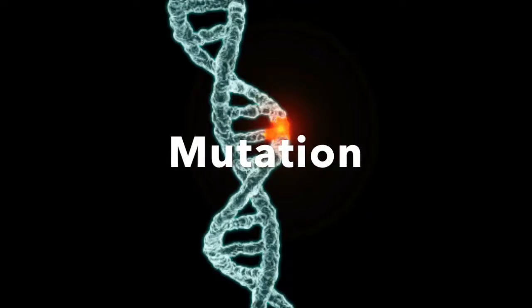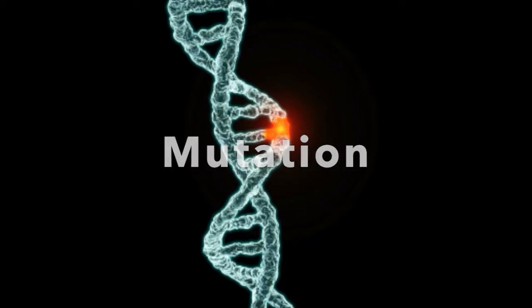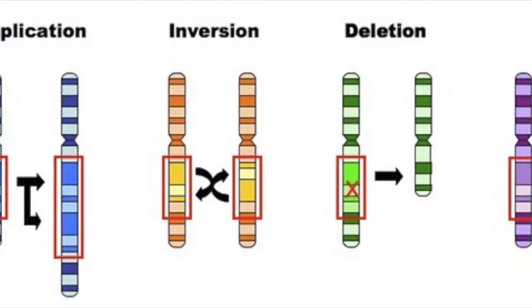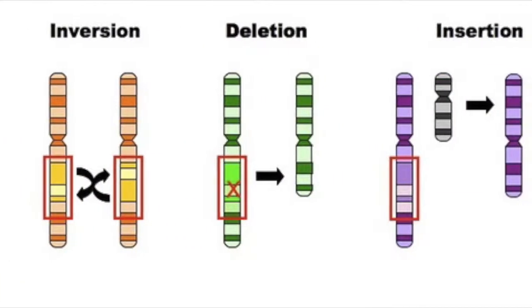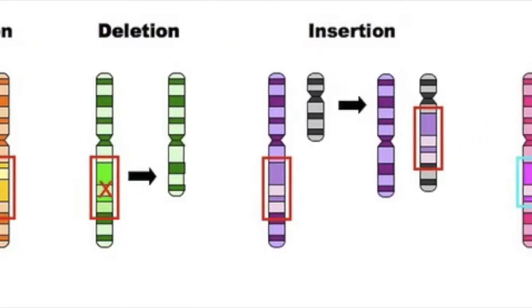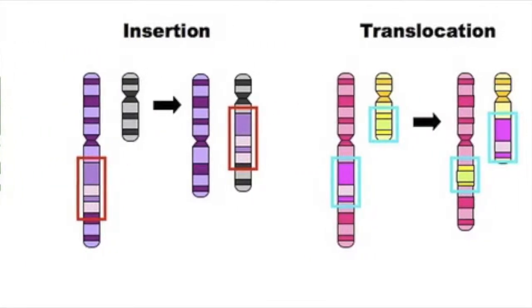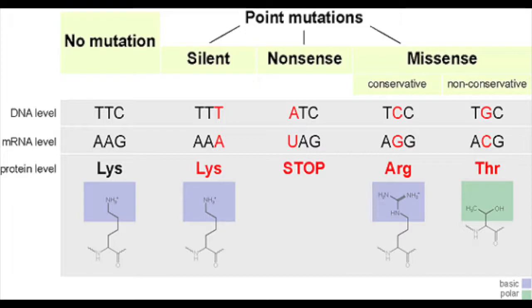In an organism, a gene can mutate. Mutations change the structure of a gene through altering the base sequence. This can be through a substitution, deletion, addition, inversion, or duplication of a segment of DNA or sections of chromosomes. Mutations can be silent, nonsense, or missense.